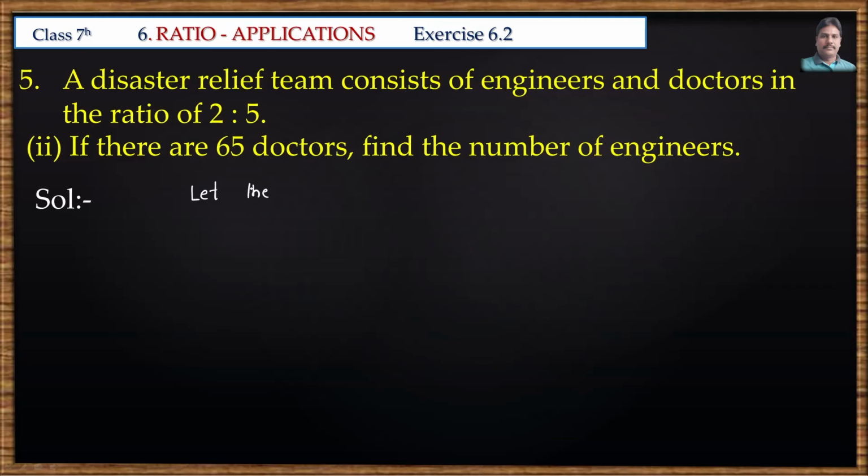Let the number of engineers is equal to x and the number of doctors are given. The number of doctors is 65.